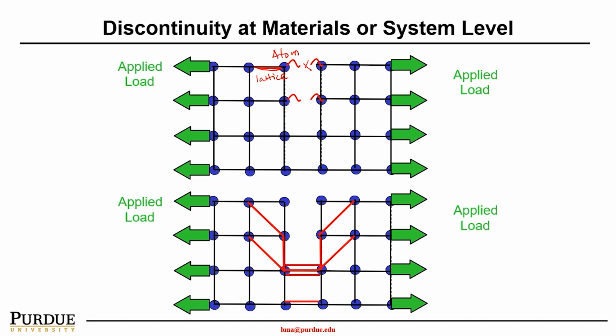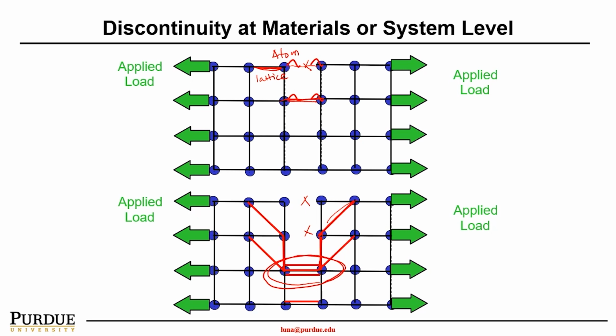So as you see, in a perfect world, if I apply a load, in this case tensile, the load will be nicely distributed through the material. However, if the lattice is broken, your load will be concentrated in this area.